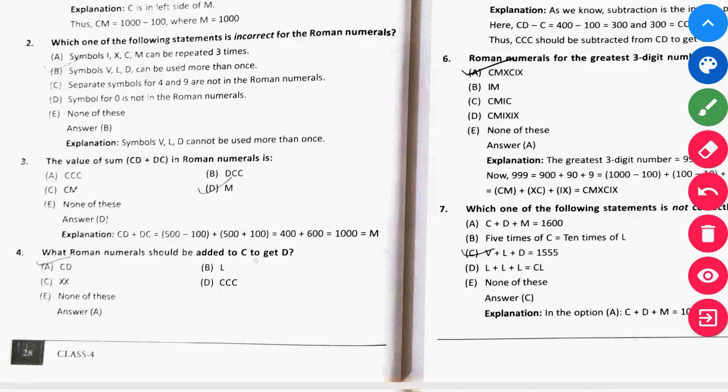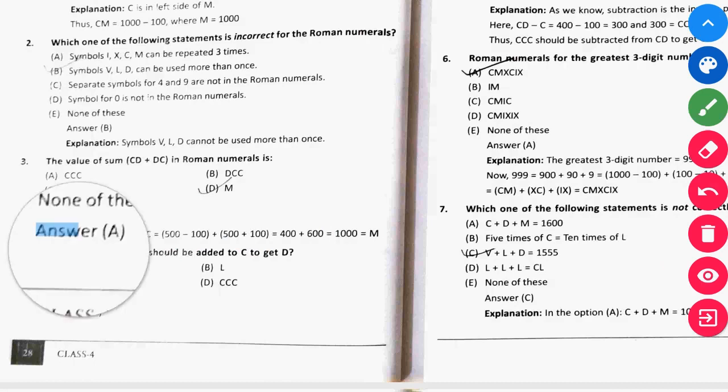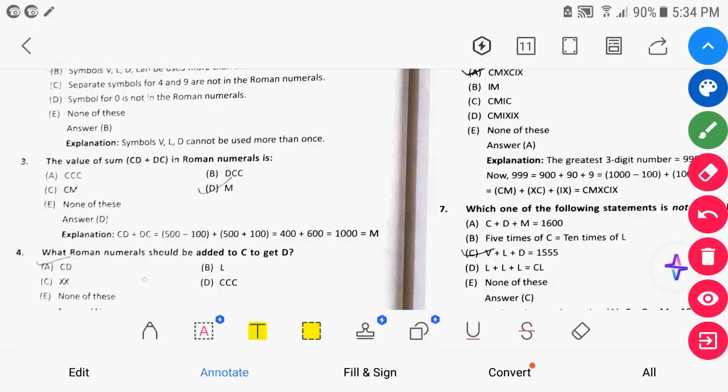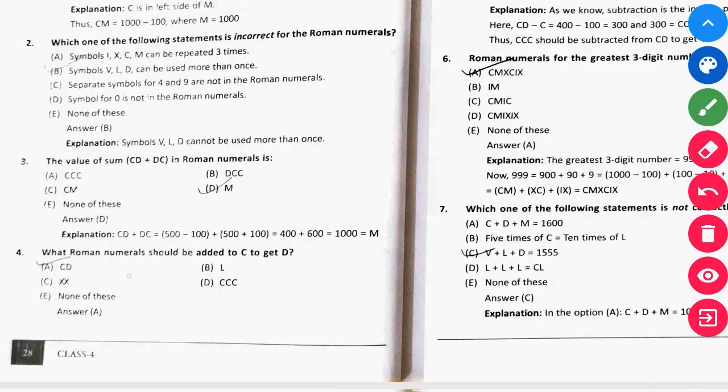Now what numeral should be added to C to get D? Now C means 100 and D means 500. So what numeral should be added to C to get D? The answer is A. CD should be added to get D. Why?